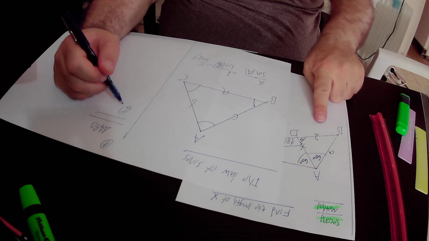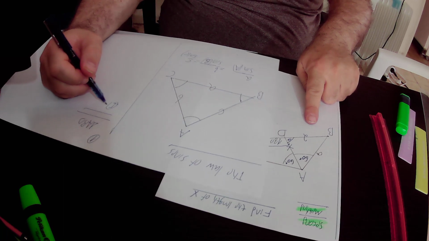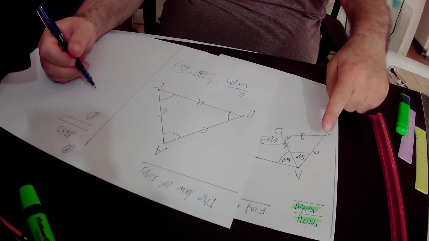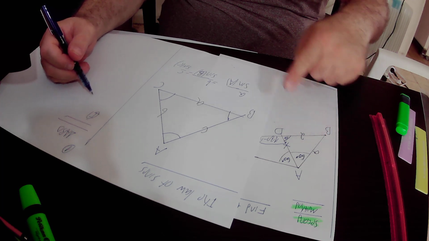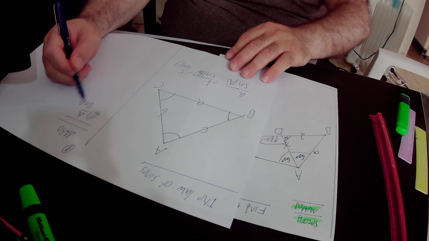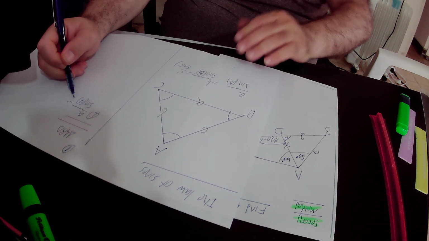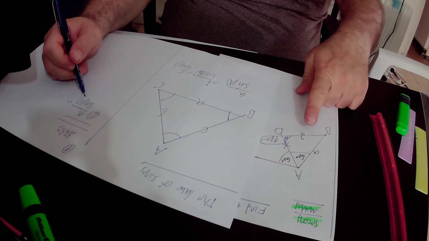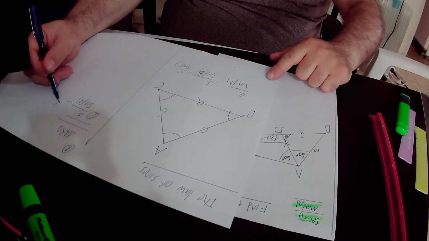So this triangle ABD, according to the law of sines, we get that a over sine theta equals 2 over sine 60 degrees.